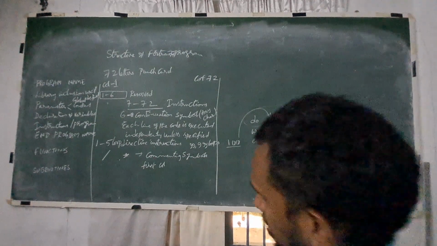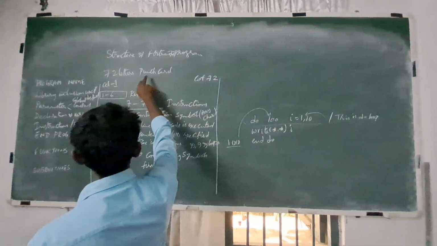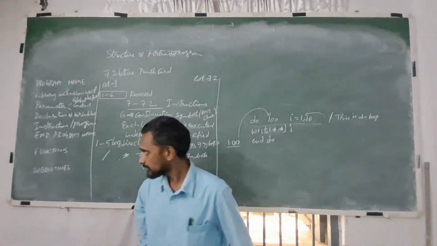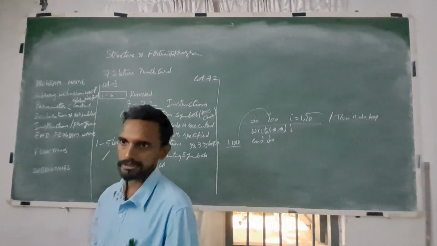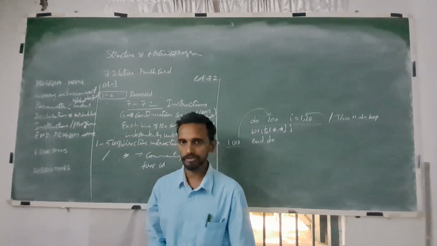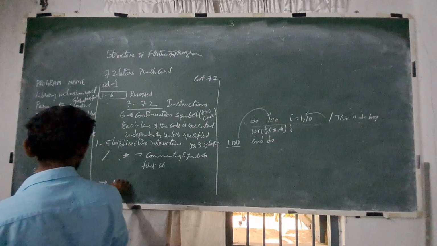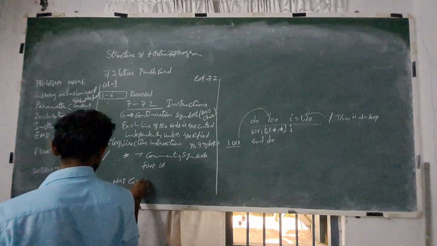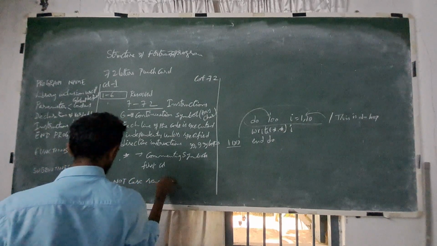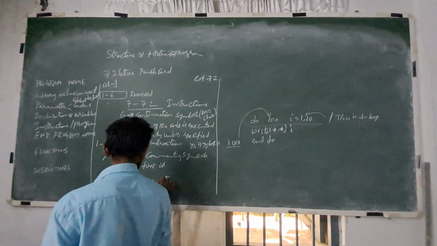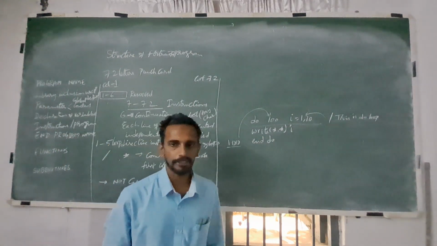So next one is, because of the space limitations on punch cards, there are two flexibilities given to this language. One is FORTRAN is not case sensitive. So even if you give small letters or capital letters, they'll be treated as same.